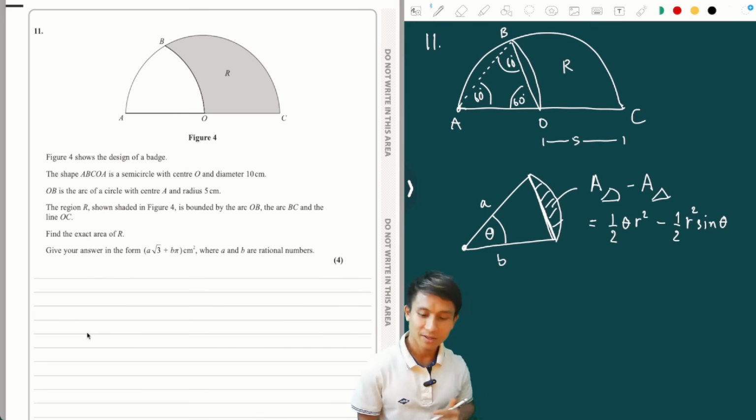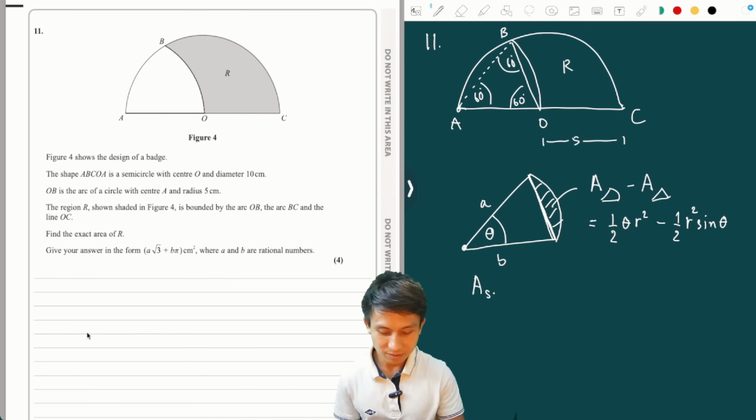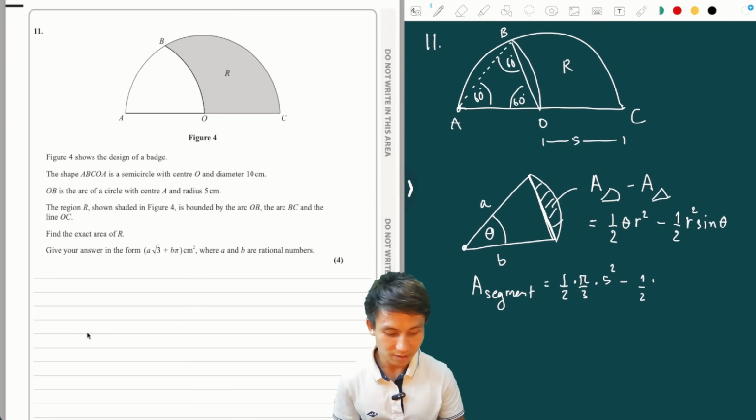So that means we can calculate the segment area. The area of the segment is 1/2 theta, where theta is pi over 3, times r, being 5, squared, minus 1/2 times 5 squared times sine pi over 3, which is sine 60.